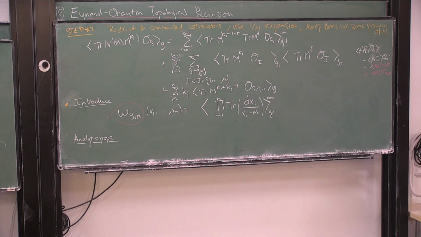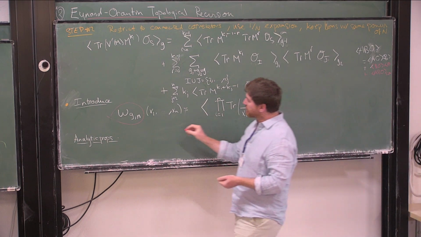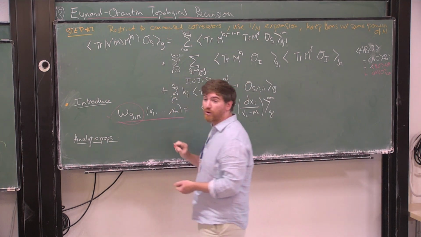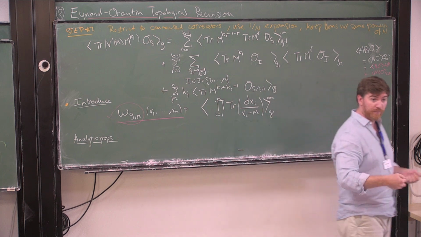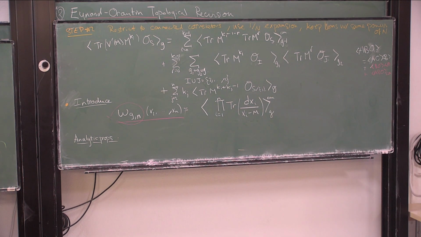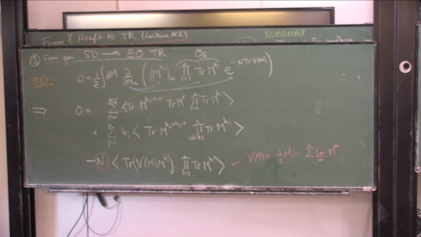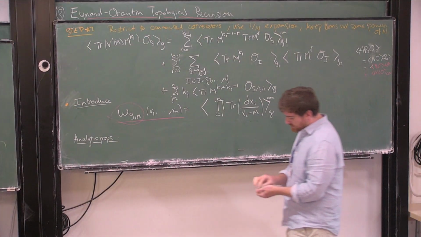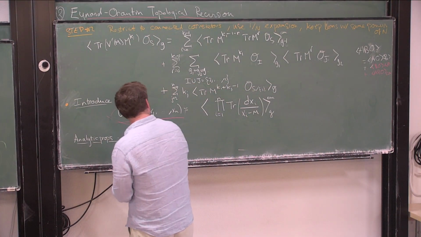It's very similar. Okay? The true insight was that these WGNs actually have some very nice analytic properties. Okay, so this is where the power of complex analysis is going to come in and allow you to actually solve these recurrence relations. So these WGNs, I'm just going to tell you their analytic properties.